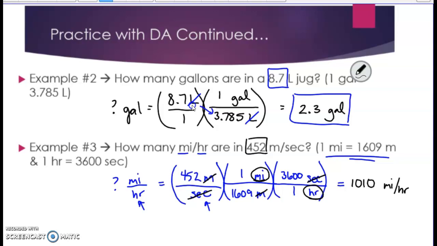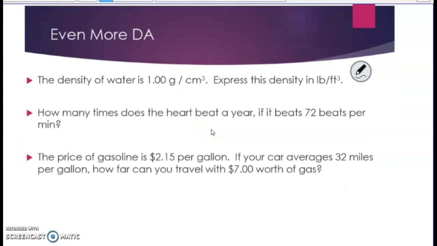I would like you to try a problem on the next page, which is a little more complicated. We're going to do the first one, and then I'll provide you the answers for the others as well. We will be spending more time on this in class too. So you need a couple of conversion factors here.